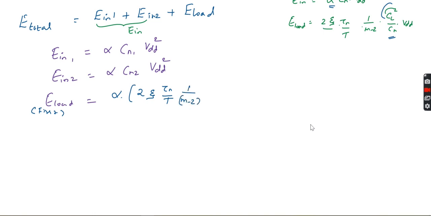Because for the first stage here E in we have written with alpha. Then here what you get? Cn2 square divided by Cn1 into VDD square.